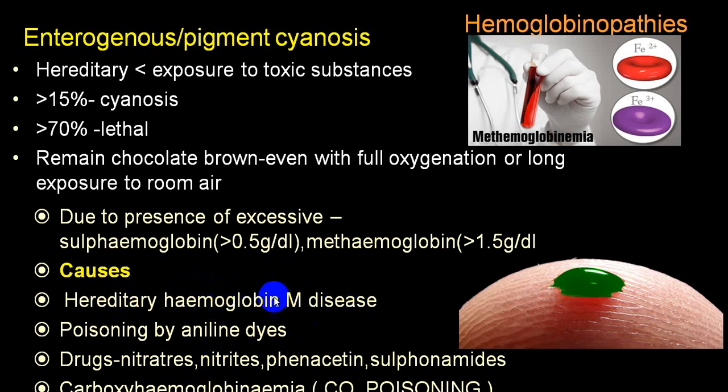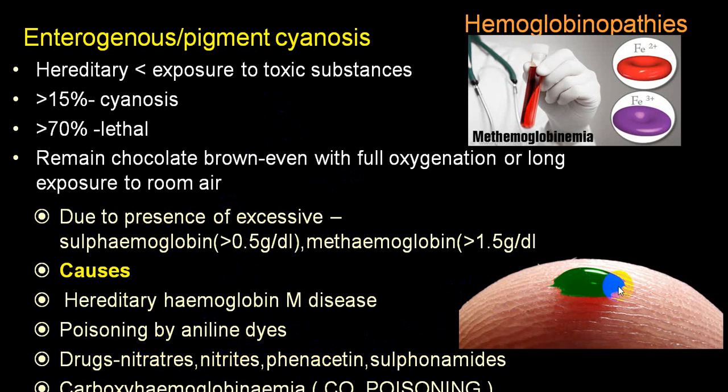That is, hemoglobin M is present, and that will be easily converted into methemoglobin, and that is mainly because of aniline dye and oxidizing agents like nitrates and nitrites. So do remember this. While in the case of sulfhemoglobinemia, sulfonamide and also nitrates or nitrites may be responsible.